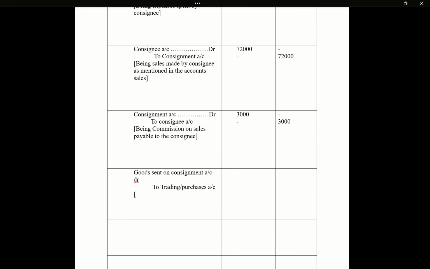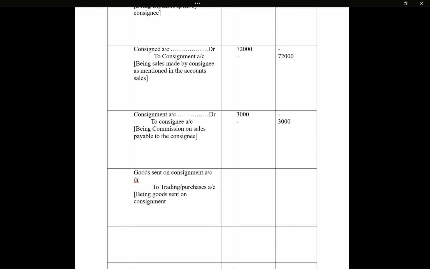Narration will be being goods sent on consignment account closed. The amount is rupees 50,000.